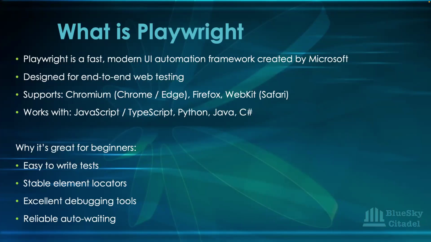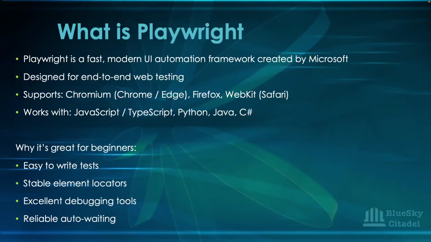Then Playwright works with multiple programming languages, four or five depending on how you want to classify it. The first one is JavaScript or TypeScript, and in this session we're going to be focusing on JavaScript. You can also use Playwright with Python. So if you learn the Playwright knowledge from this course, and once you learn the Python programming language, then you can apply it.